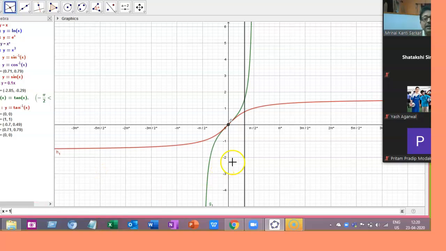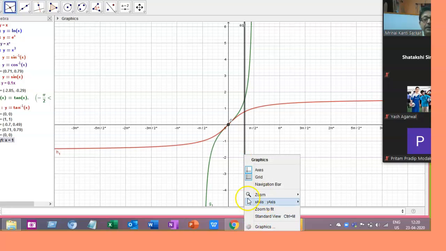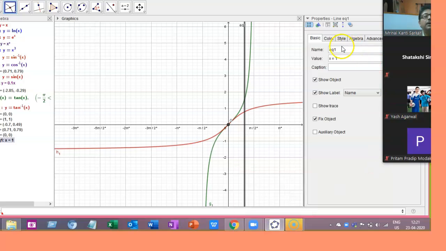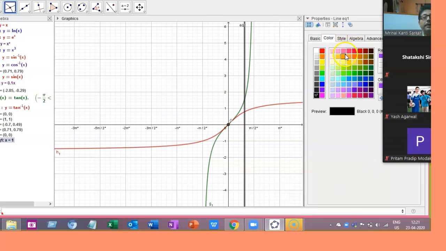All of you can see that x equal to 1 is a line parallel to the y-axis, shown in a different color. This is the graph of x equal to 1.